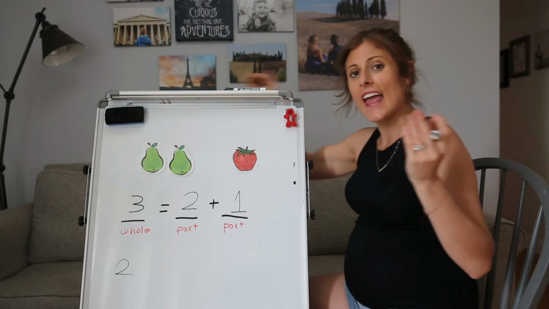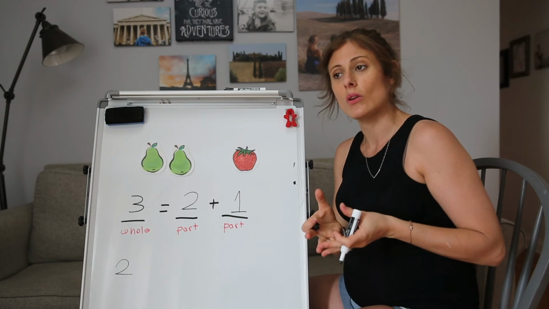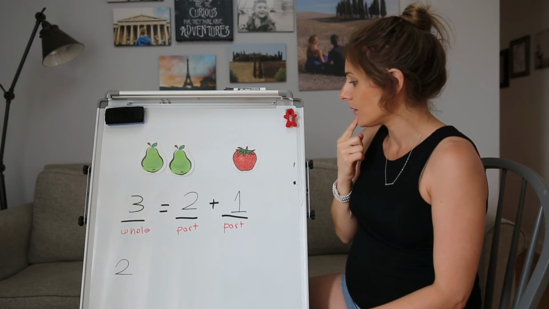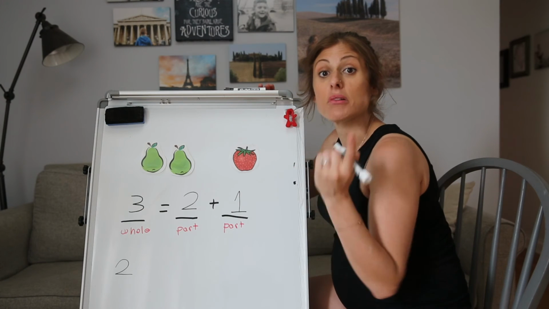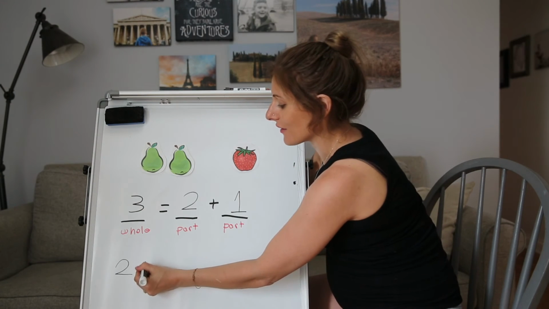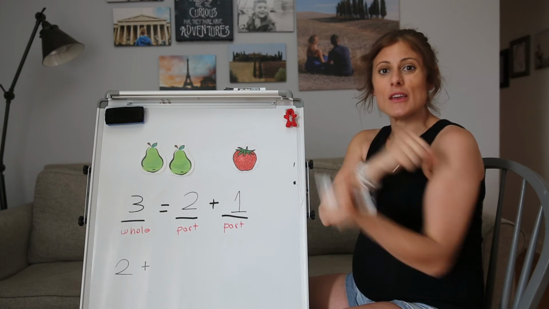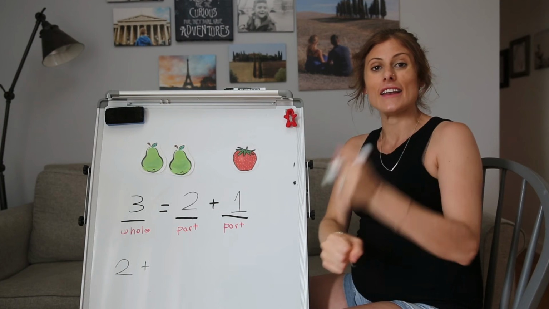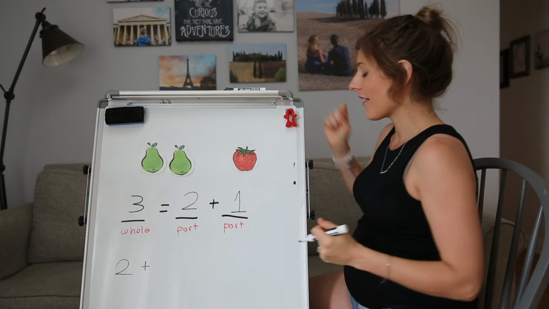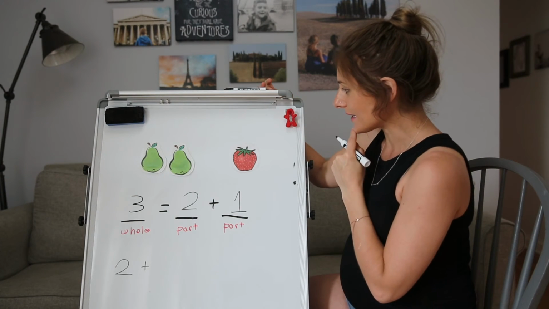But I have to add something to 2 to get 3. That means I need my plus sign. I'm going to write the plus sign right here because I remembered that plus means put together and add some more.